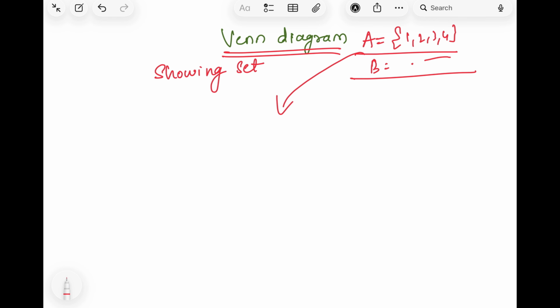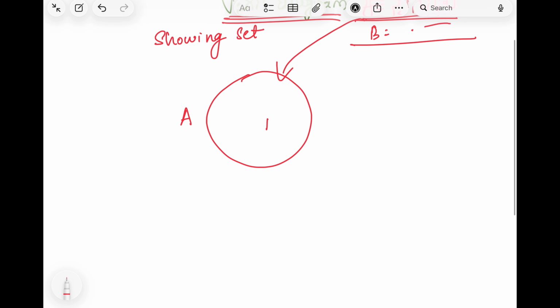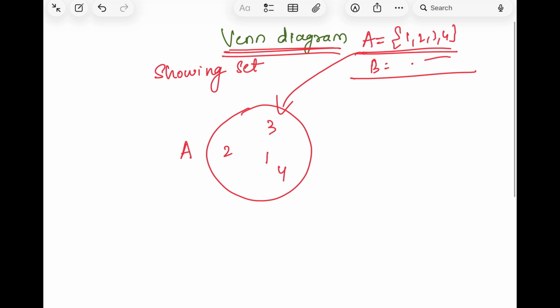And generally we use circles for drawing a set, and only sometimes for the universal set we use a rectangle. Otherwise we only use circles. So if I have to write this set as a Venn diagram, I will first make a circle A. This will be my set A, and I will copy the elements of set A. These are the 4 elements of set A, and they are written inside the circle itself.